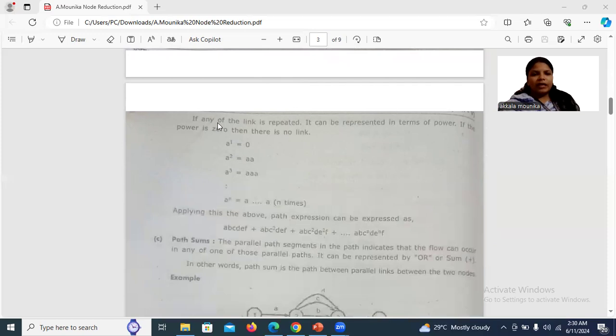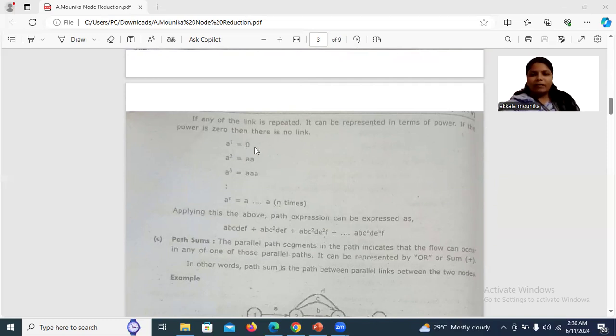Next, if any of the links is repeated, it can be represented in terms of power. That means if the link is repeated again and again, that can be represented in terms of power. If the power is 0, then there is no link.